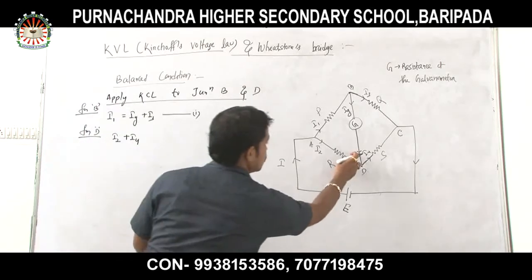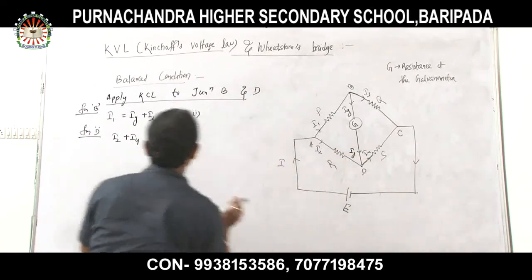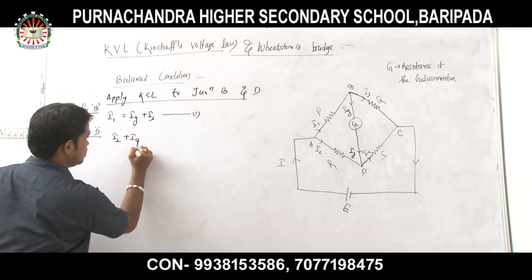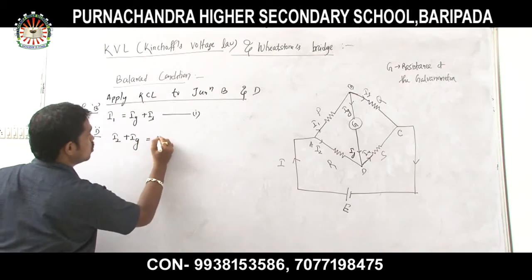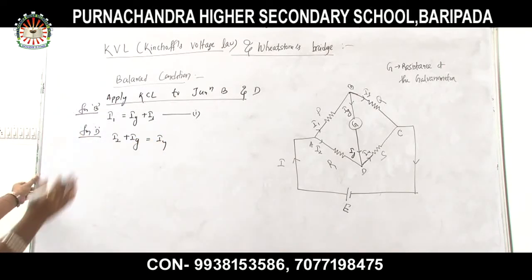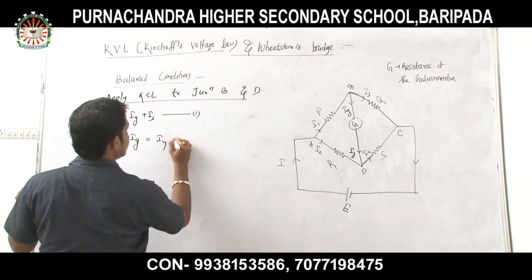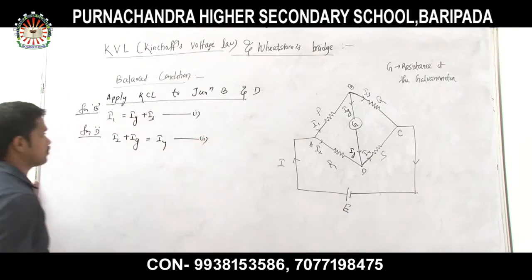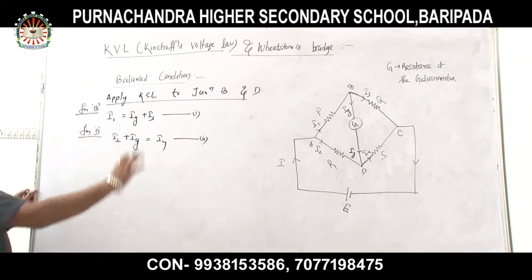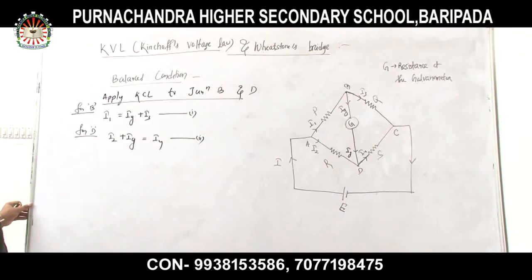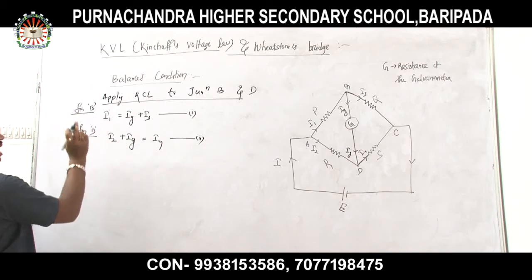No, this is not I4 actually, this is IG, sorry. So IG plus I2 is equal to I4. This is output. Okay, clear all of you? So this is equation number 2. So this is applying KCL, we are applying KCL here for B junction and for the D junction.